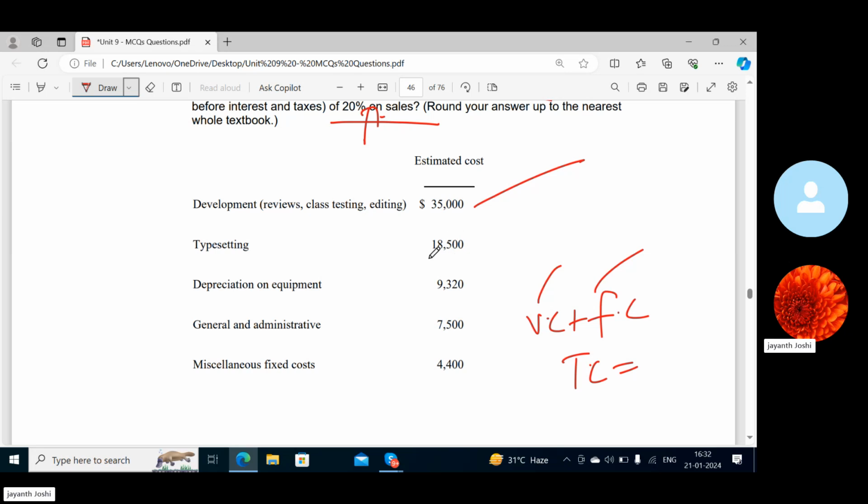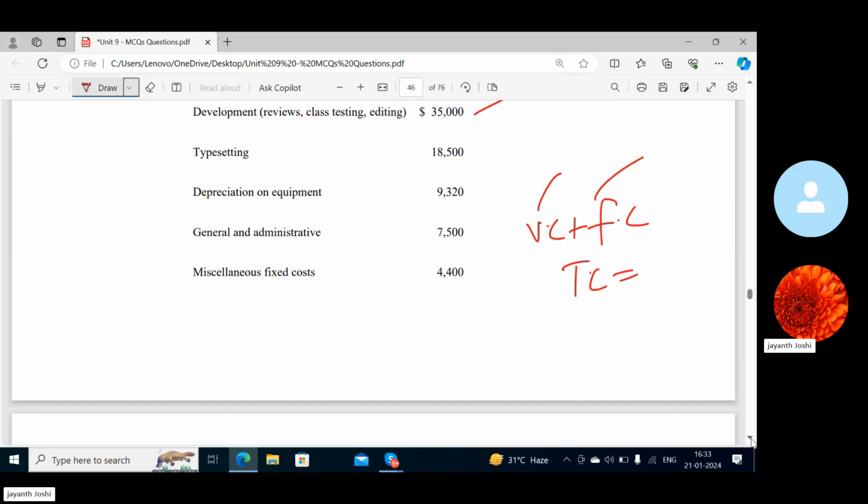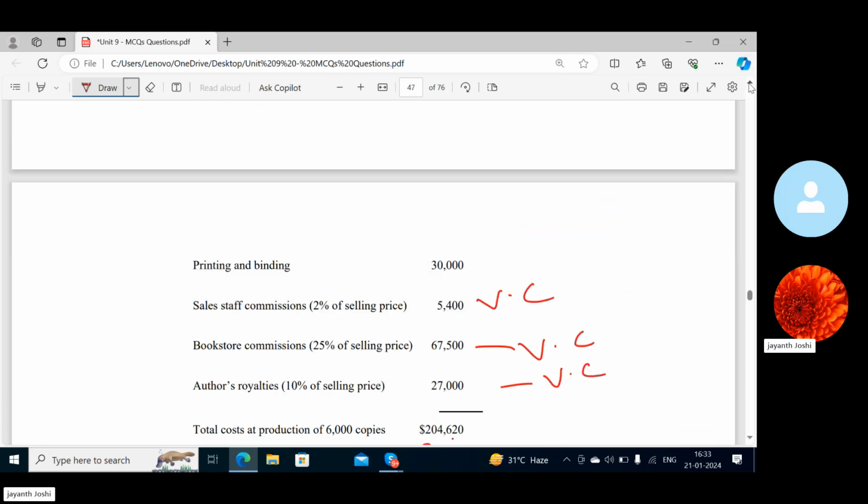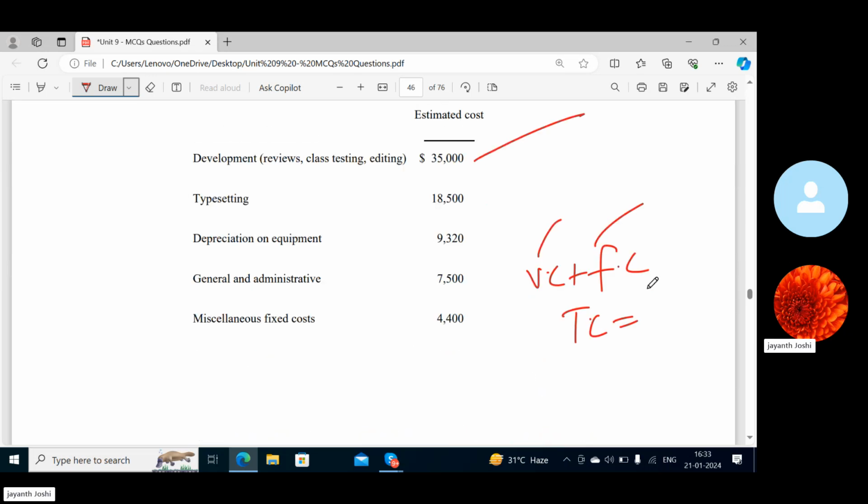35, this is 43,500, and this is 55,400, and then we add up this one, 55,400, 9,320, 77,720, 60, and then 30, 80, 90, 100, 104 something, right? 104,720.